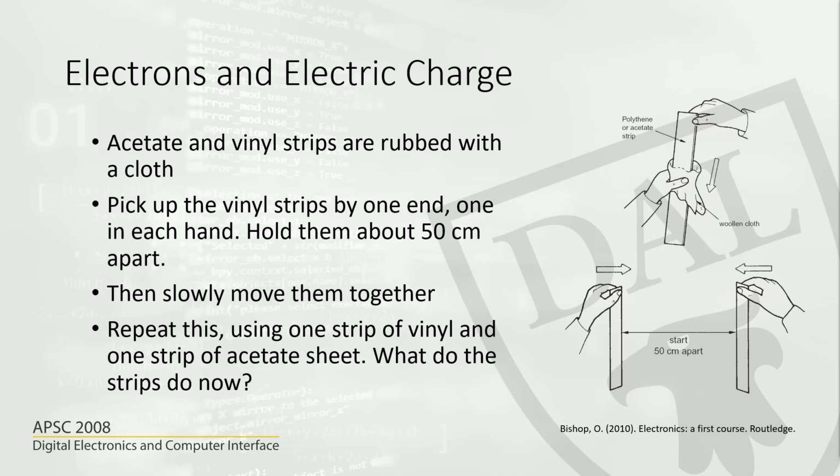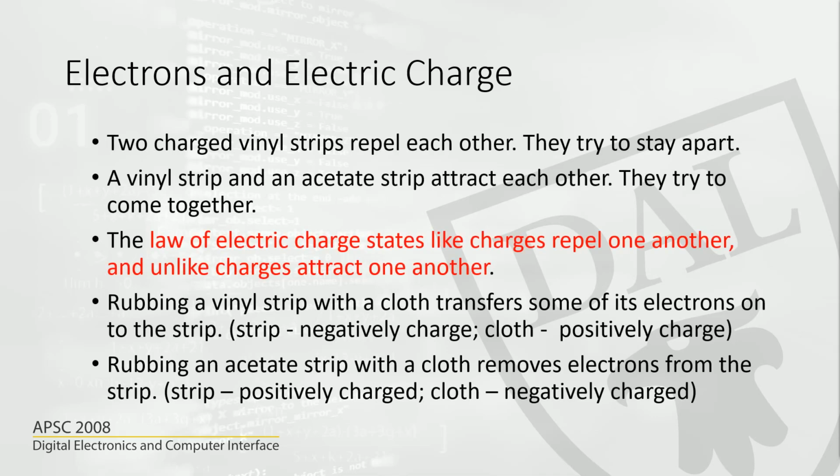What happens? Here, the two charged vinyl strips will repel each other. That applies to acetate strips as well. And when I say repel, they will try to stay apart. This is very similar to a magnet. When you place two north poles together, they repel.